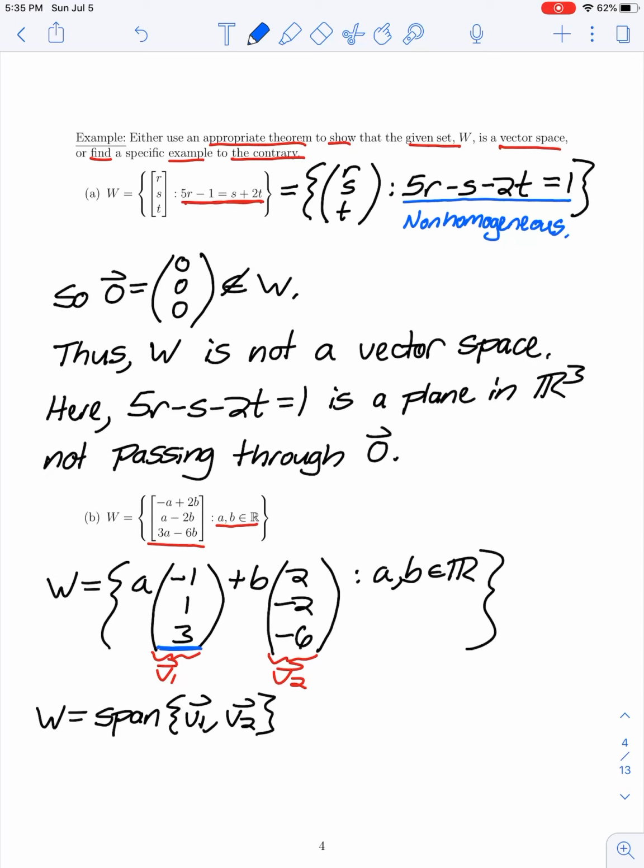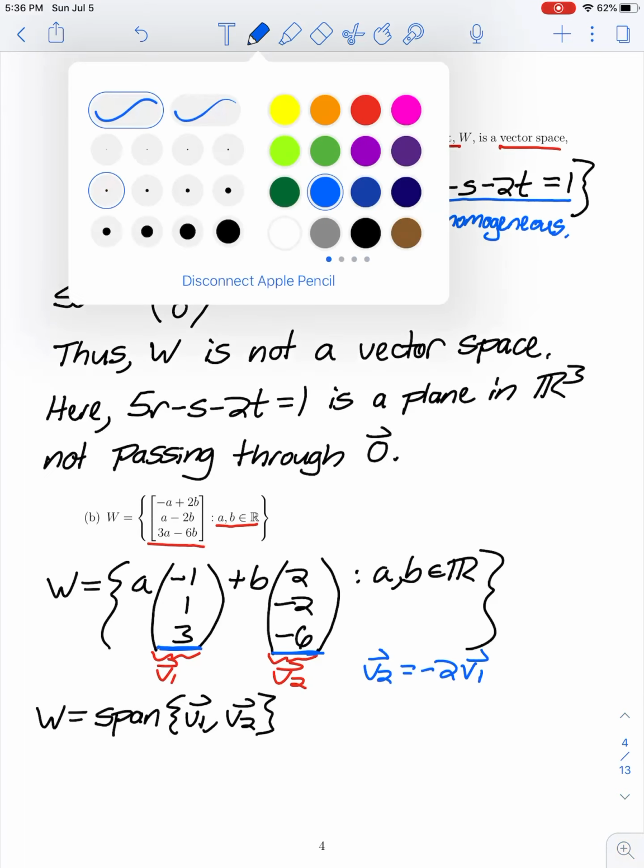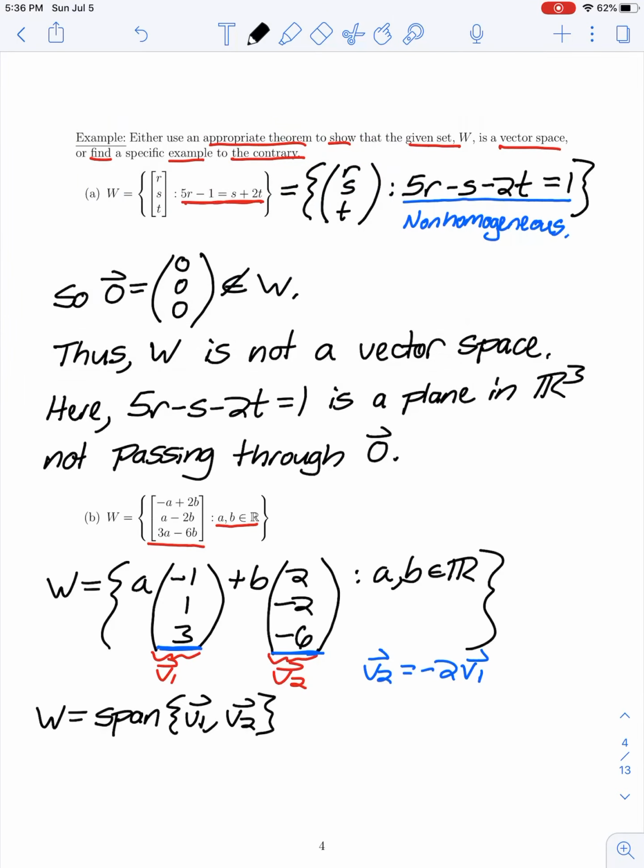The vectors V1 and V2 are scalar multiples of each other. In fact, V2 is equal to -2 times V1. So the span of V1 and V2 is actually equivalent to the span of the single vector V1, since V2 is already a linear combination of V1.